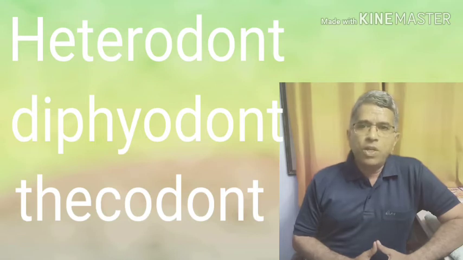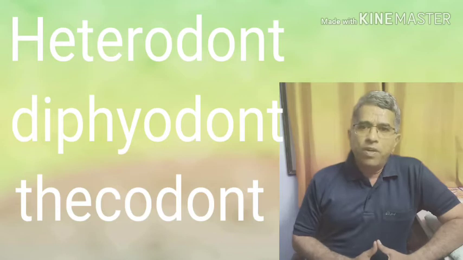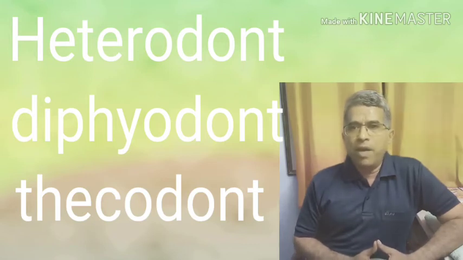Incisors are the chisel-shaped teeth that are used for cutting food, and canines are dagger-shaped teeth that are used for tearing meat. Premolars and molars are called cheek teeth and they are responsible for chewing and mastication.